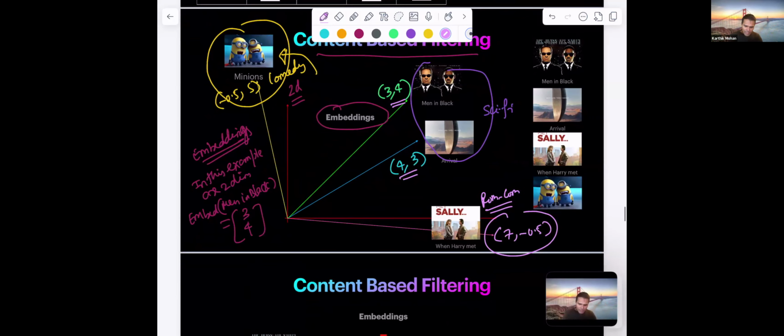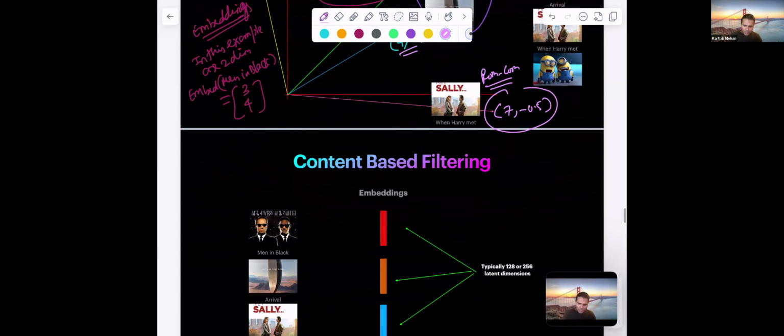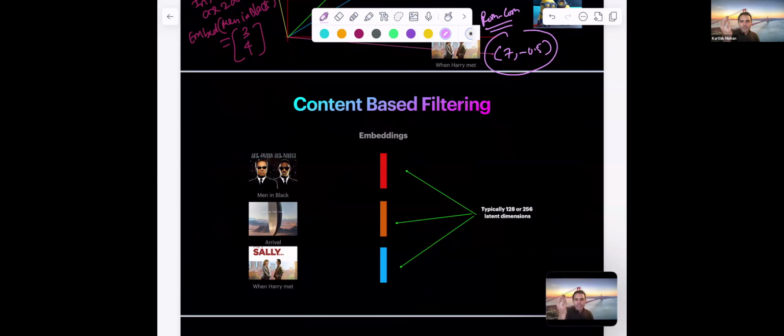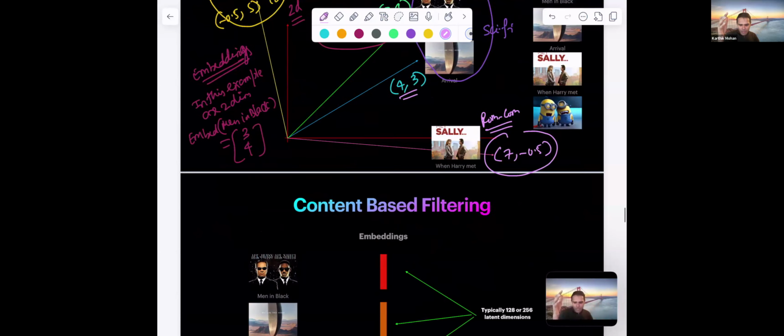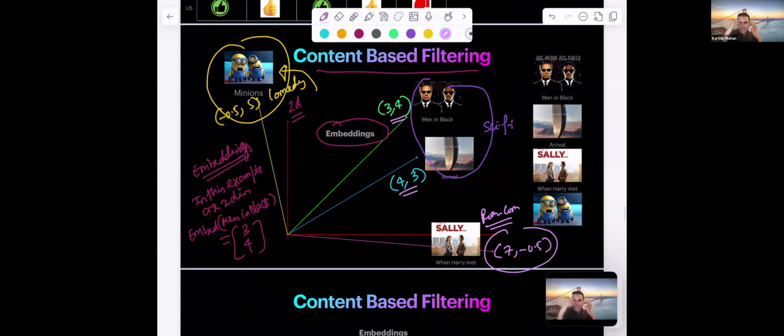So, of course, as we said, 2 dimensions is too small to capture an understanding of a movie or an actor, right? There are so many things about a movie. It's not just 2 things. There's the whole cast, there's the geography, there's the language. There are so many things, so how can you compress it into 2 dimensions? But this is just for illustration because we cannot really visualize 3 or 4 or 5 dimensions, right?